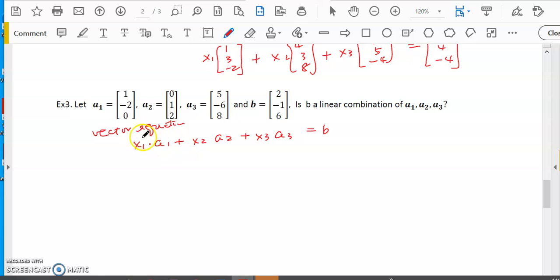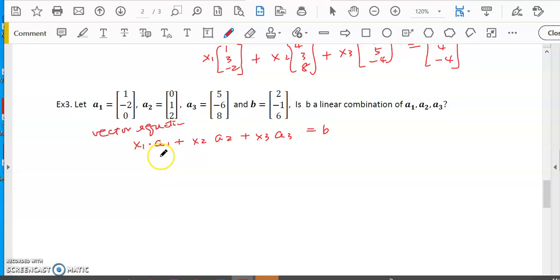Just pretend that it's okay and see if the solution exists. Then I can do a linear combination, because this is the definition of linear combination: multiply them by constant numbers and it will equal b.